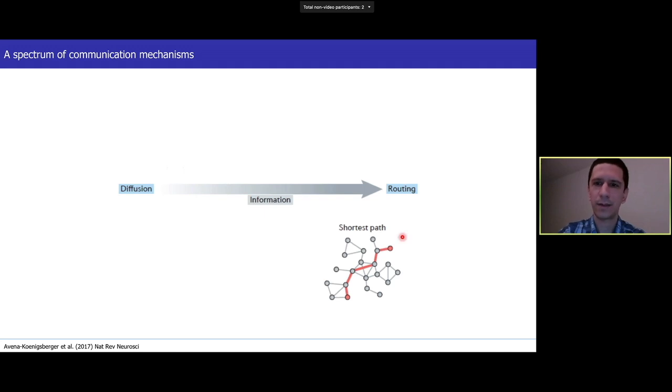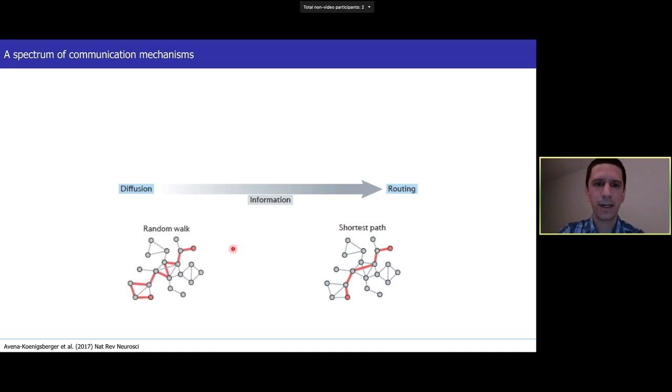On the one hand, with routing-like mechanisms, we can have configurations where a single signal is emitted from a source node and it finds the optimal way to the target node, so-called shortest path routing. That is really the foundation for many graph theoretic concepts and measures.